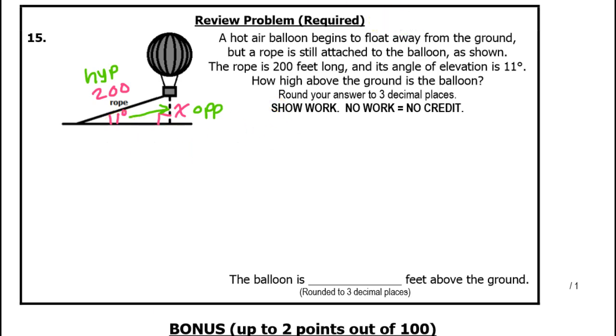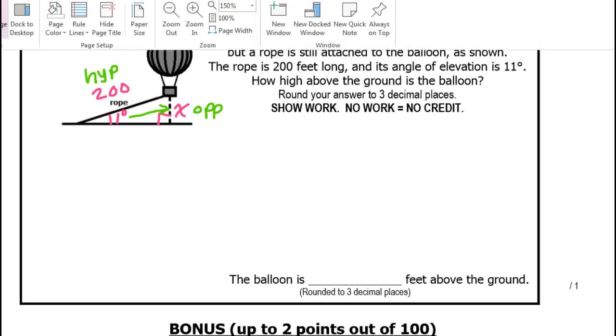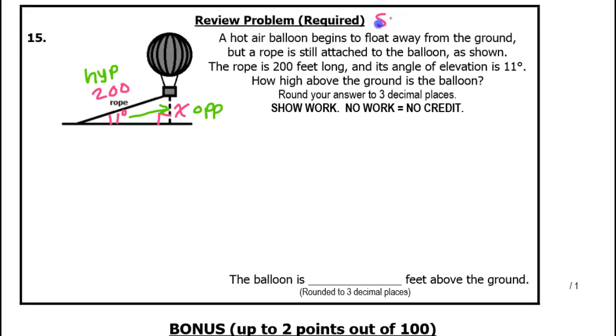Now, we often will say the following, SOH CAH TOA. But this is just to remind us that sine is opposite over hypotenuse, cosine equals adjacent over hypotenuse, and tangent equals opposite over adjacent.